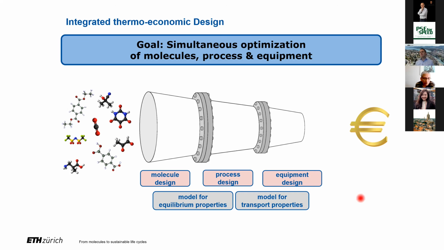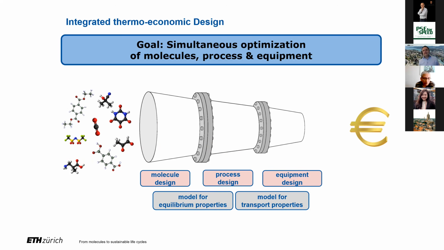And that means I need to know something about the transport properties for all our molecules. And since my ambition was to do all this exercise in the computer, I need a computational model that allows me, for arbitrary molecules, at least for as broad a design space as possible, to compute equilibrium properties and transport properties.